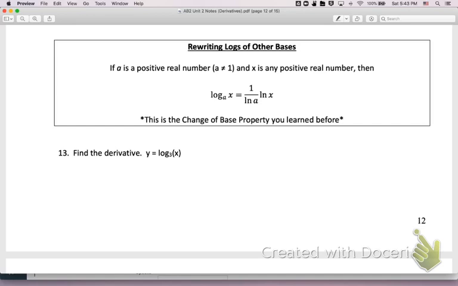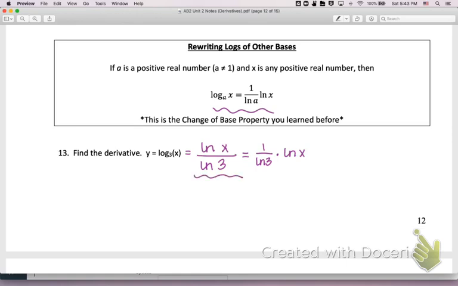So if you recall, the way that we do that is we do the natural log of what's inside the logarithm over the natural log of the base of the logarithm. And if we use our idea of a constant multiplier, that becomes 1 over the natural log of 3 times the natural log of x, which is where this rule up here comes from.